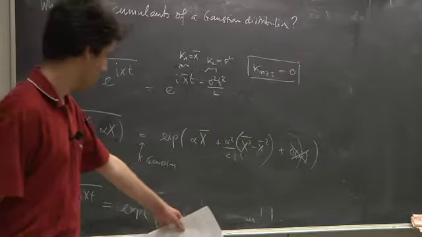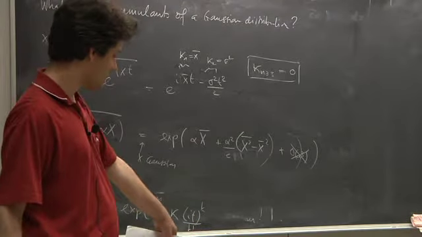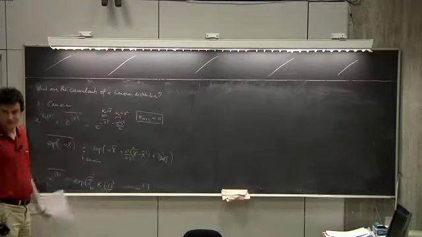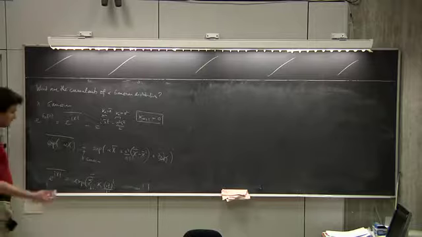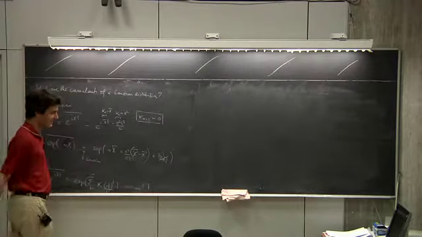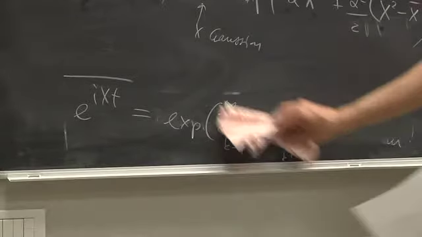Then you can sum that up. You get an exponential here. Then you can inverse Fourier transform. That would be your probability distribution now. But other than a mathematical game, there's nothing in this.